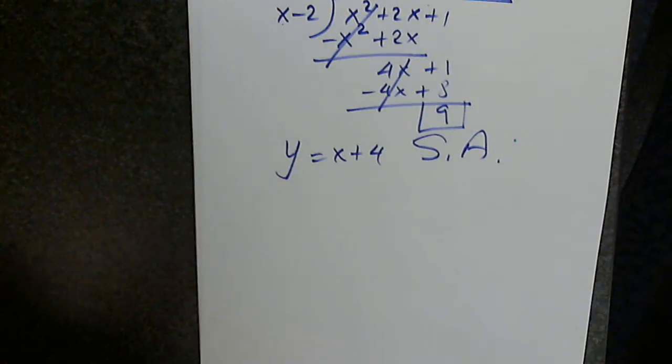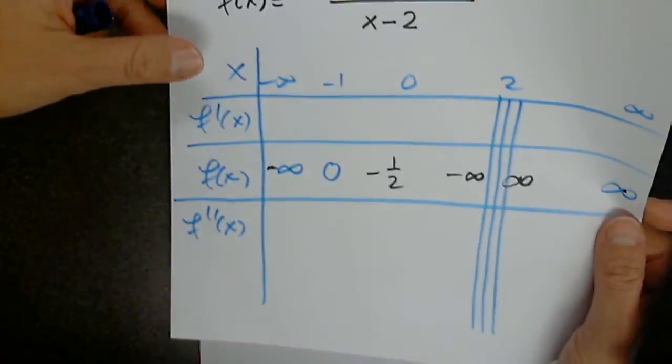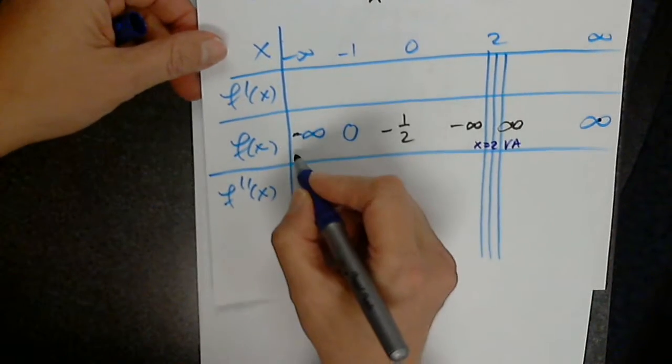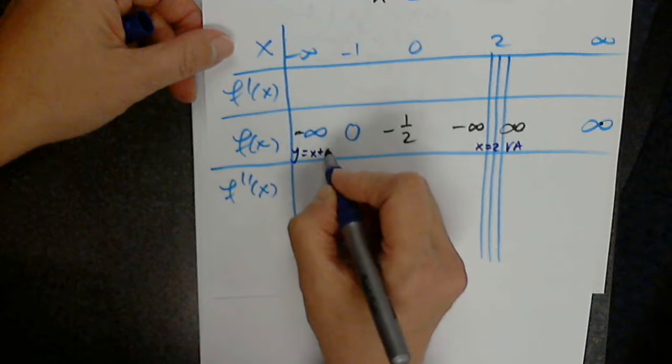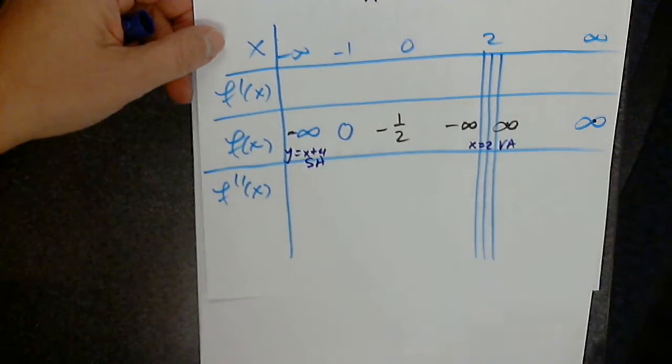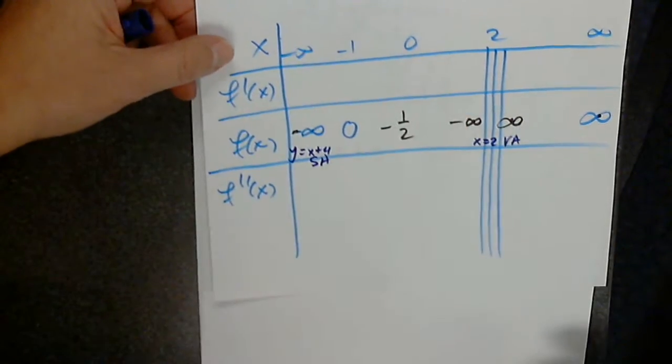So far, where is my function? Like 10 pages. Okay, so I know that x equals 2 is a VA, and I know that y equals x plus 4 is an SA. I'm done with this. Now I'm moving on to this.